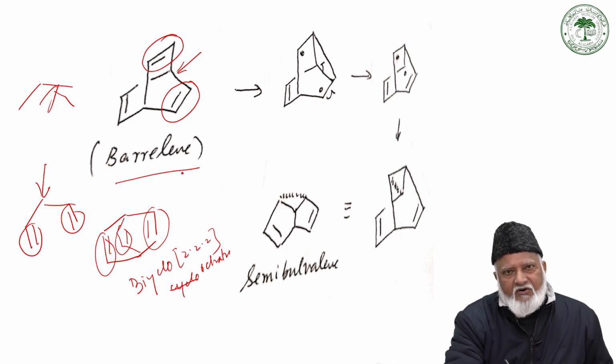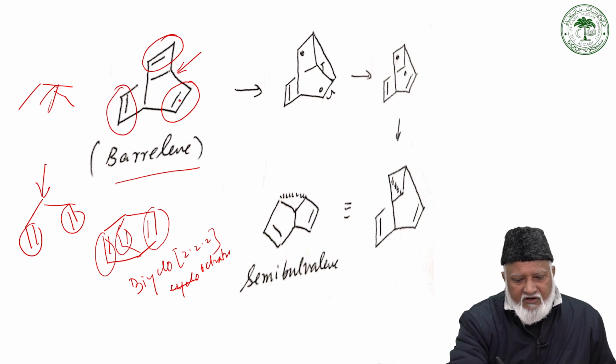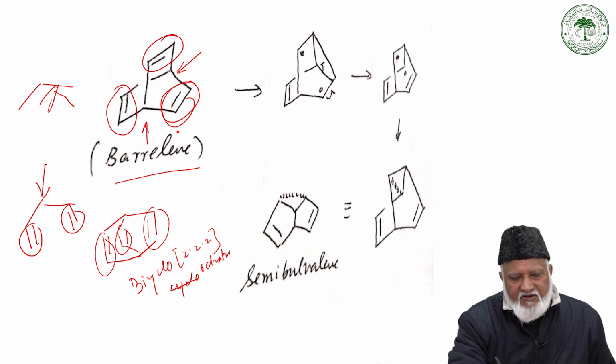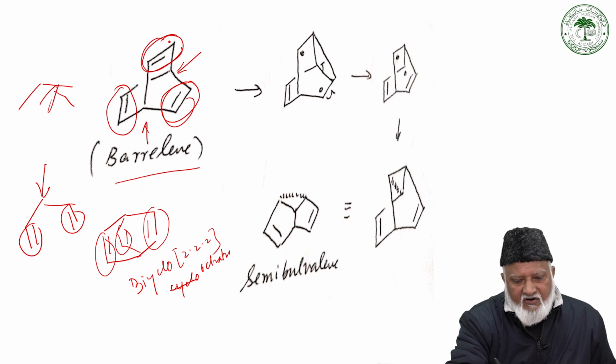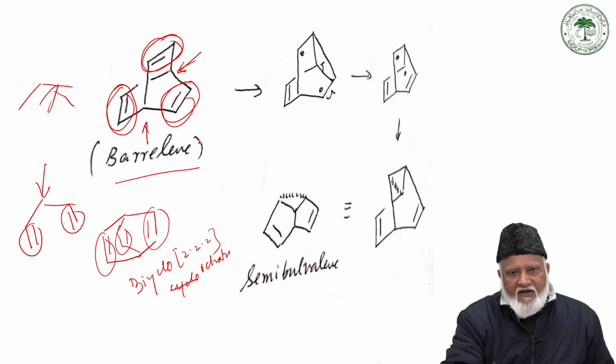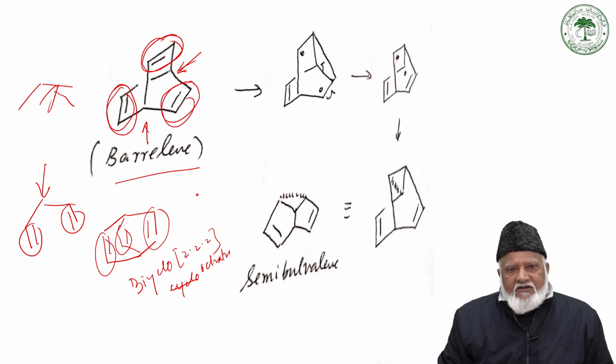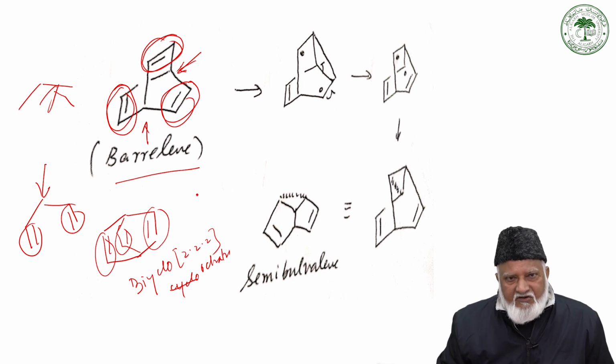Whichever two double bonds you consider, they are separated by a methylene group, and hence this ring system, barrelene or bicyclo[2.2.2]octatriene, is set for di-pi-methane rearrangement.